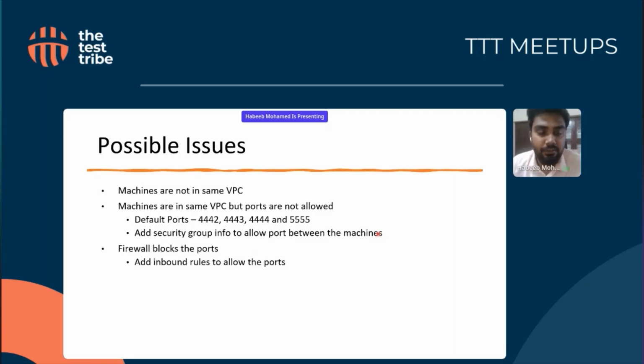We tried debugging, and after a lot of debugging we figured out that since they are Windows machines, the firewall mostly helps us but sometimes blocks us as well. This time it blocked us. So we added inbound rules to allow these ports between the machines. Once we did all these changes, the connection was successful.